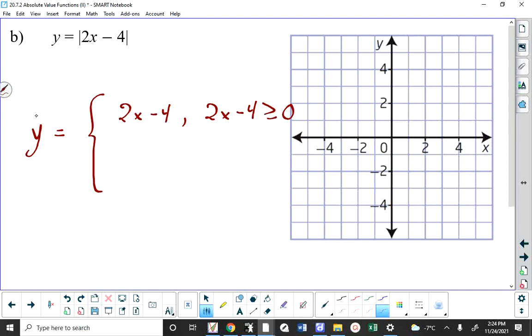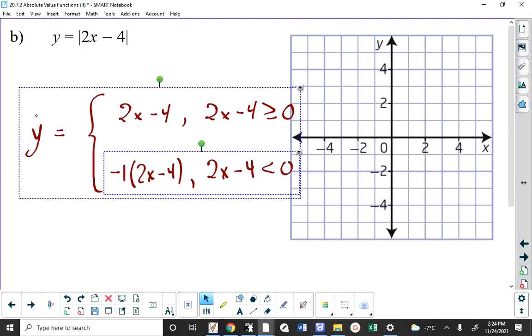And then y equals negative 1 times 2x minus 4 if 2x minus 4 is less than 0, because if 2x minus 4 is less than 0, the thing you're taking the absolute value of is less than 0, you got to multiply it by negative 1 to make it more than 0. Except that's not acceptable as an answer. We'll get to the graph later.